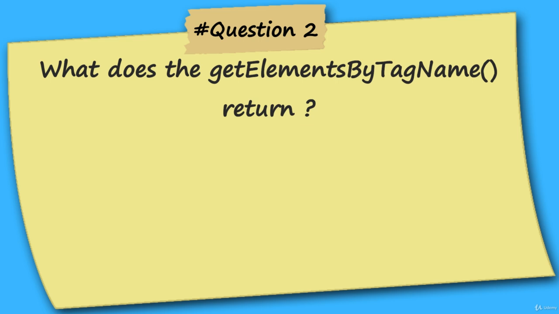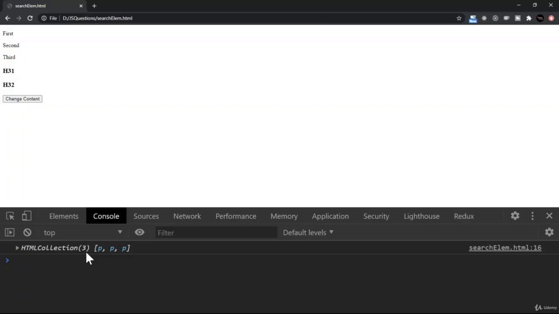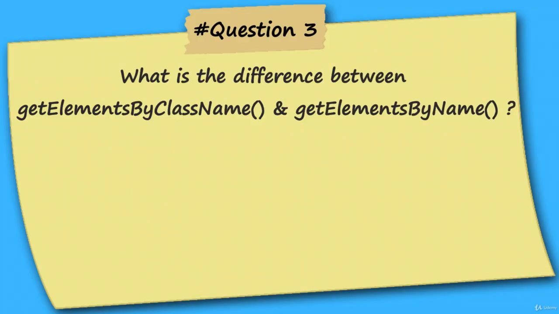The second question is, what does the getElementsByTagName return? The getElementsByTagName returns the array of elements. Like this, we tried the example and it returned all the paragraphs of the document. The third question is, what is the difference between getElementsByClassName and getElementsByName?